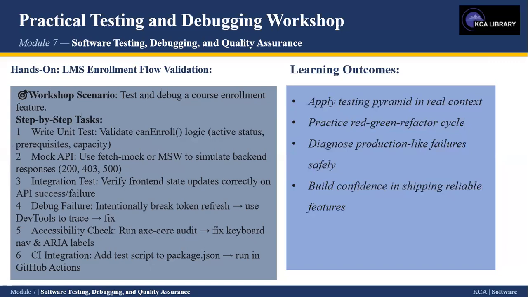Intentionally break token refresh and run Xcode accessibility. Add test scripts to the CI pipeline for GitHub Actions. Apply the testing pyramid, practice red-green-refactor, diagnose failures safely, and build confidence in shipping reliable features.